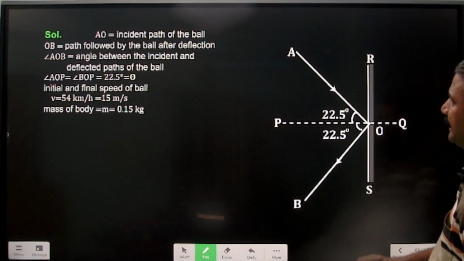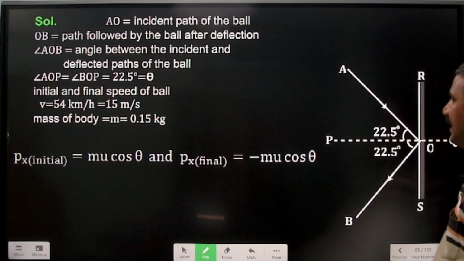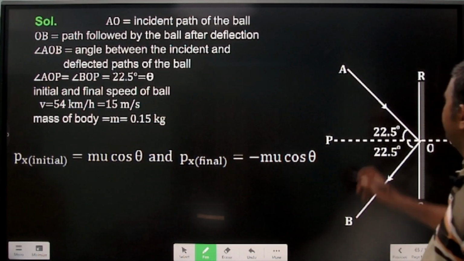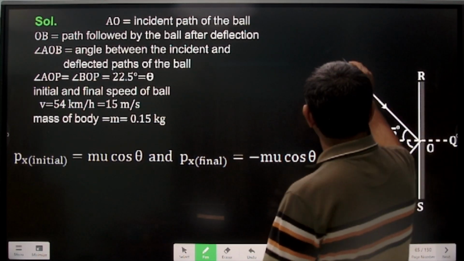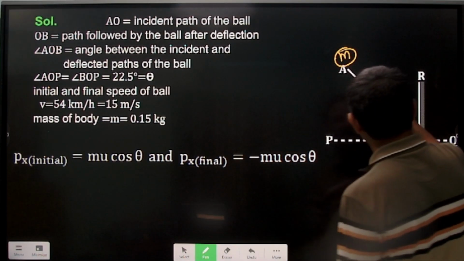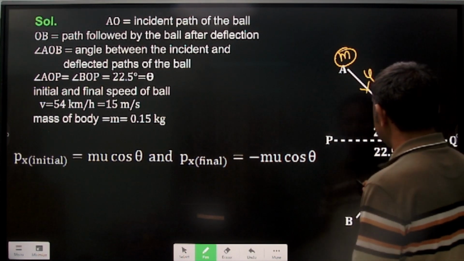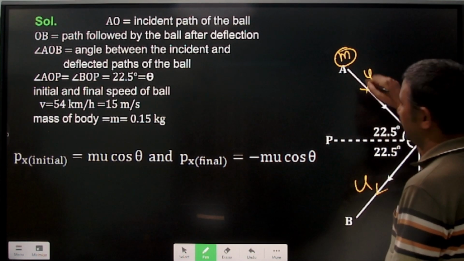So here the mass of the body is 0.1 kg. In this type of problem, first assume the mass of the ball is m, and the initial velocity is u, and the final velocity is the same. So here you resolve the initial momentum.